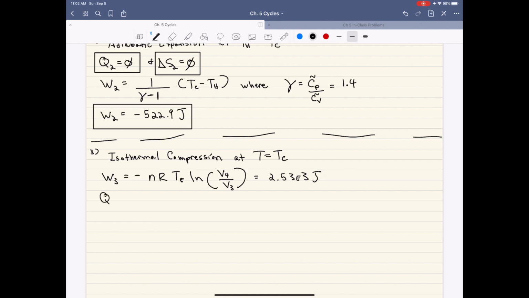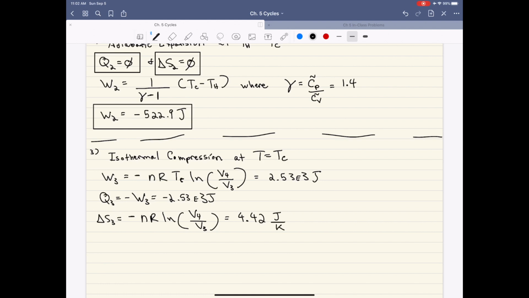Our heat is going to be the negative of the work, negative 2.53 e to the 3 joules, and our change in entropy is essentially just Q3 divided by Tc, but to write it out fully, it's this. And so we end up with a positive value for the change in entropy.